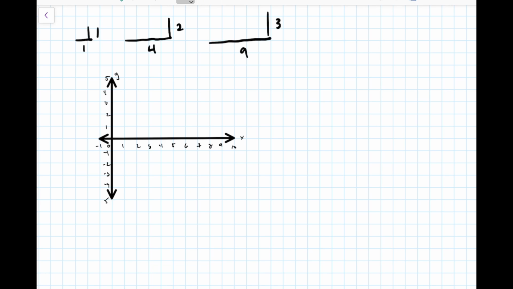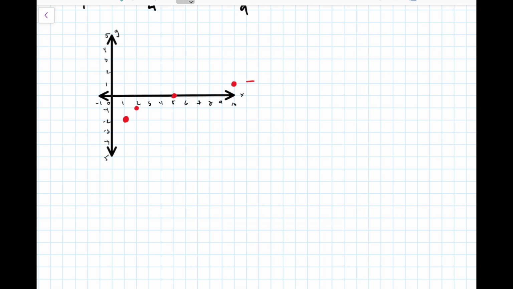All right, so our starting point was at (1, negative 2). Then our basic pattern is go over 1 and up 1, go over 4 and up 2, and then go over 9 and up 3, which again is the same pattern as parabolas, just flipped. If you literally take your page and rotate it, you'll notice that you basically have half of a parabola here.